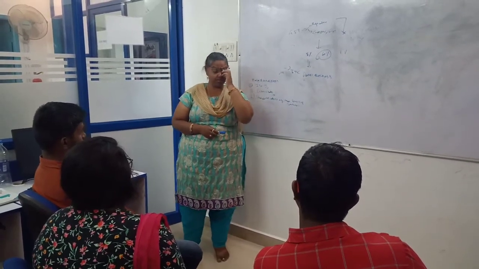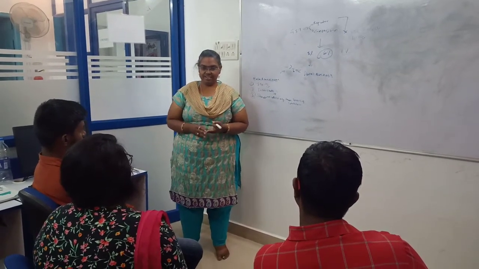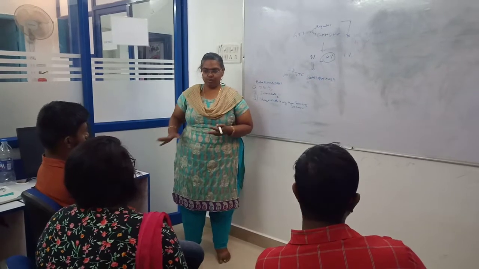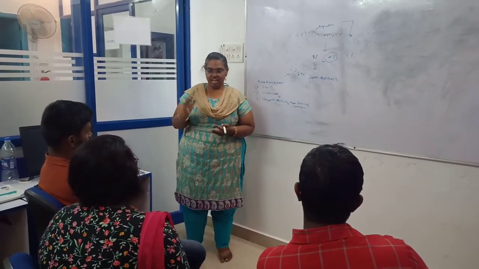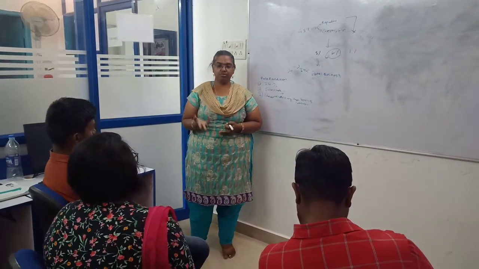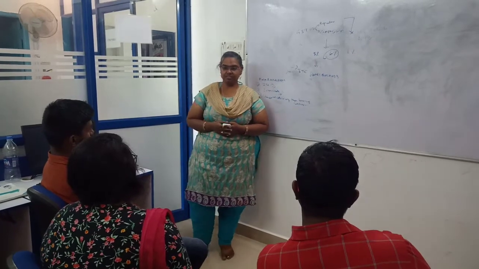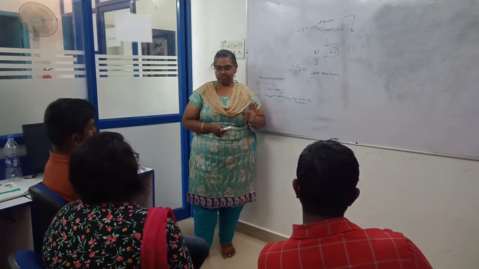The small traders will not maintain books. Daily sales they will be making, but there will be no note maintenance, or it will not get credited in their bank account also. It will be mostly cash transactions, but they will be given the benefit of this composition.